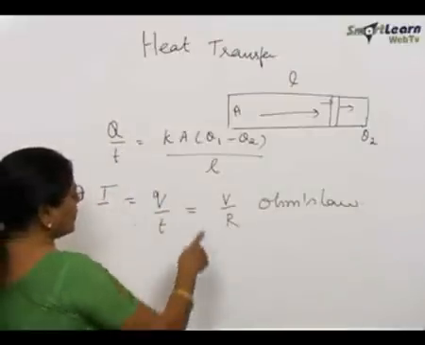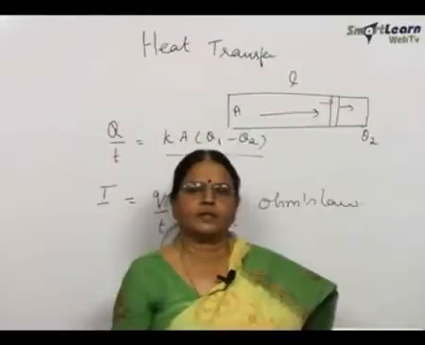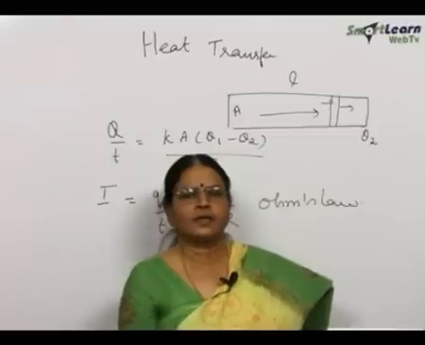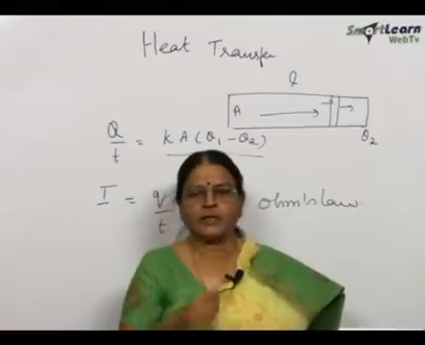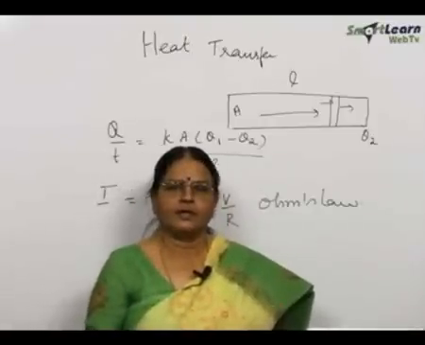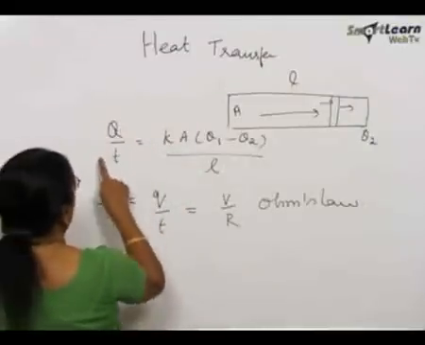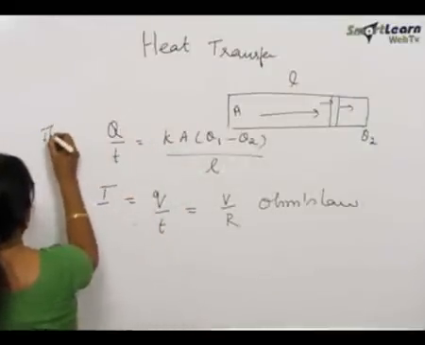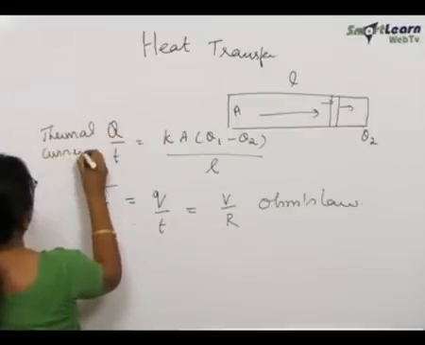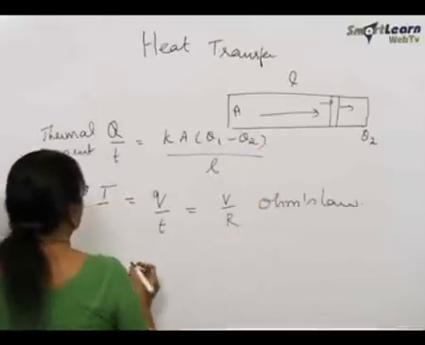Only if there is a potential difference V, current can flow in a conductor. In a similar manner, only if there is a temperature difference, heat can flow in a metallic conductor. So we can compare this heat flow with current and write this as thermal current. Thermal current will flow only if the difference in temperature exists.